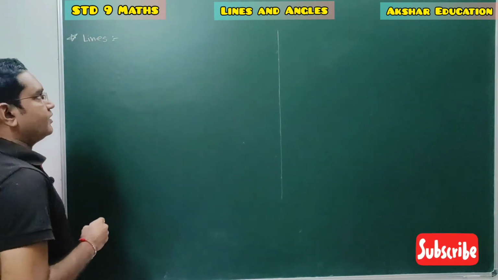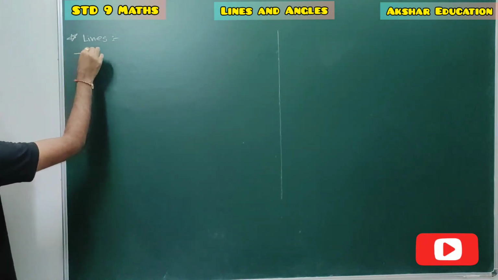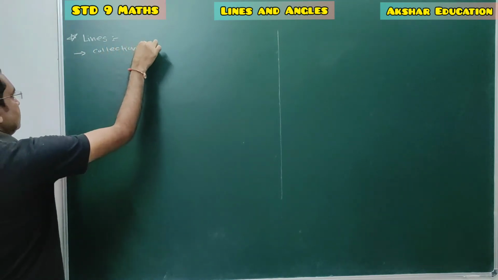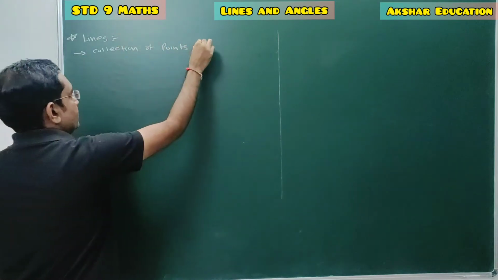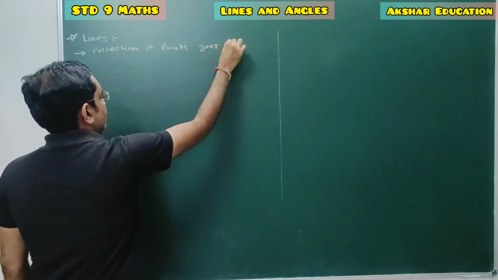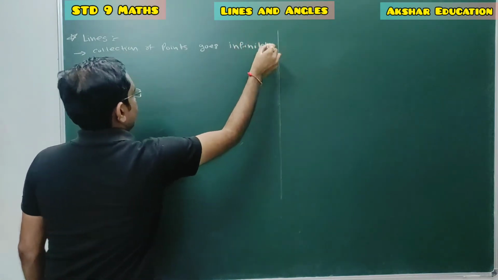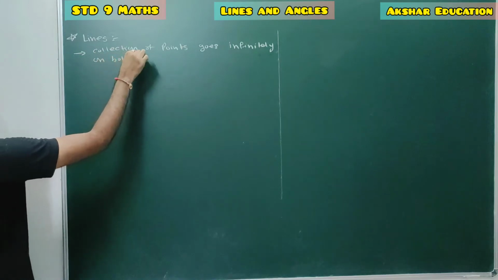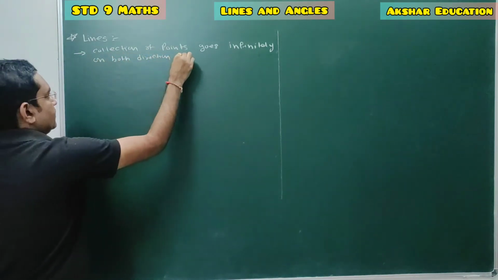Lines. So what is a line? A line is nothing but the collection of points. It is the collection of points which goes infinitely on both directions along with the straight path.